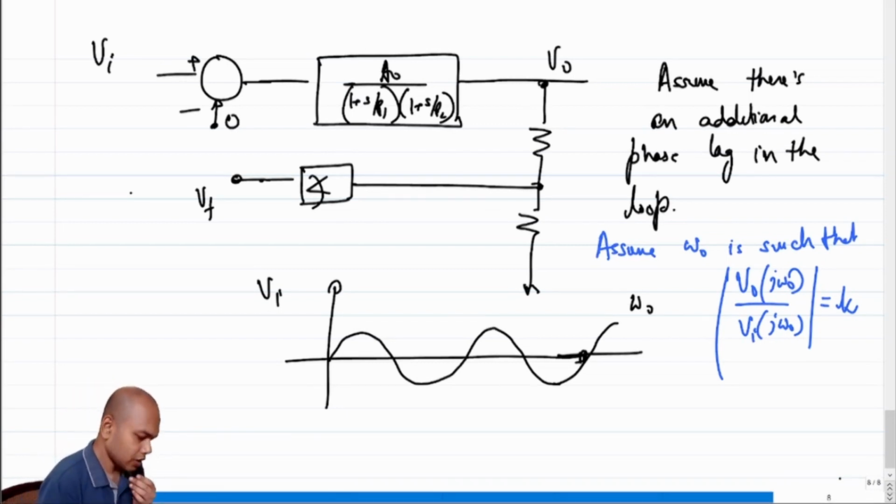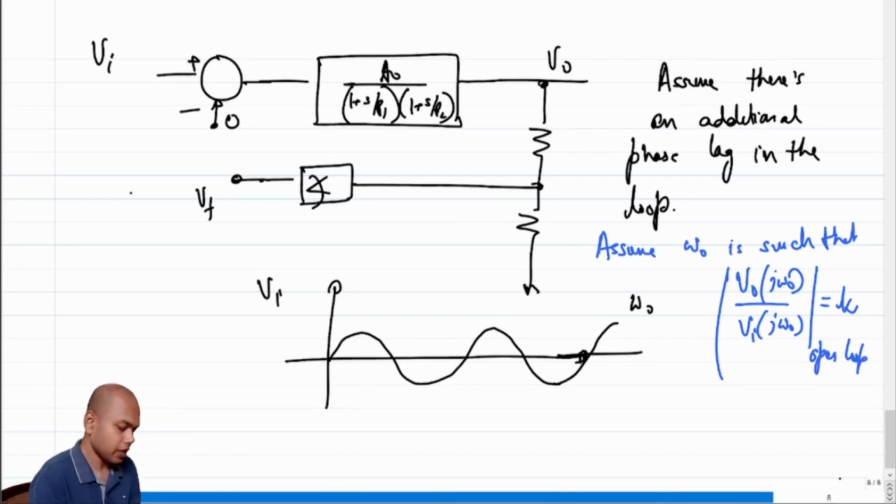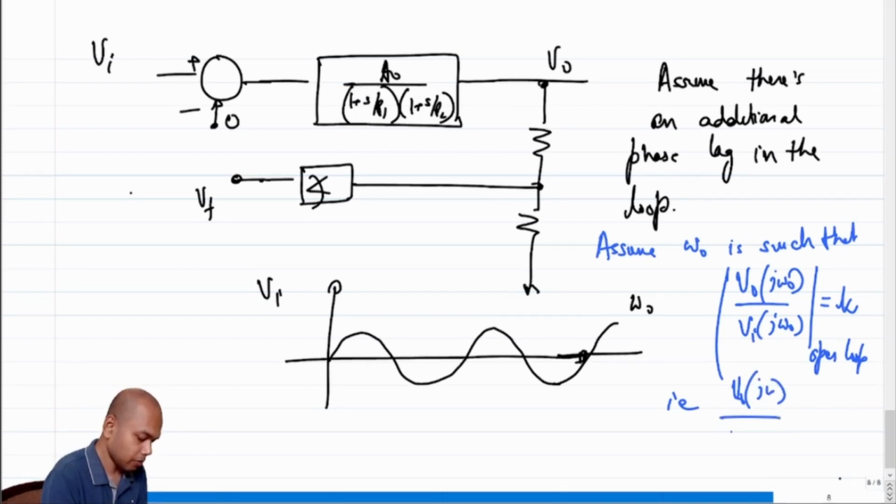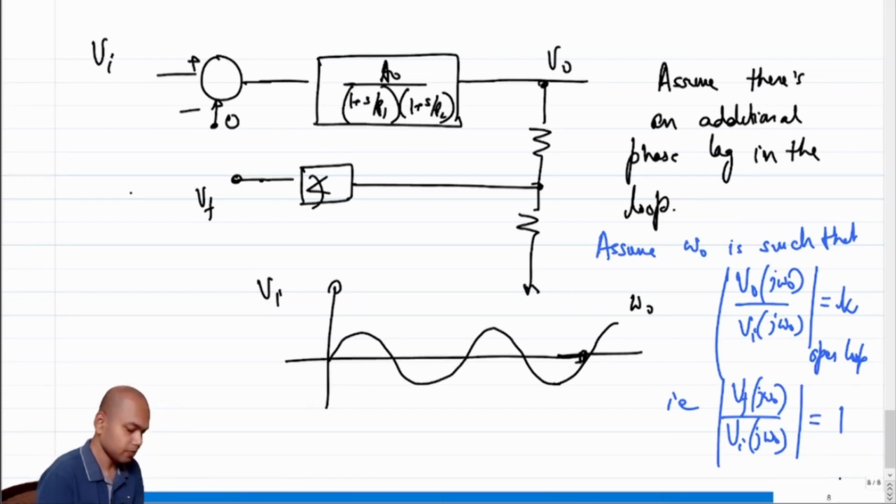So this is under open loop condition, right? This is under open loop. Which means V naught j omega naught by Vf j omega naught by Vi j omega naught is equal to 1.